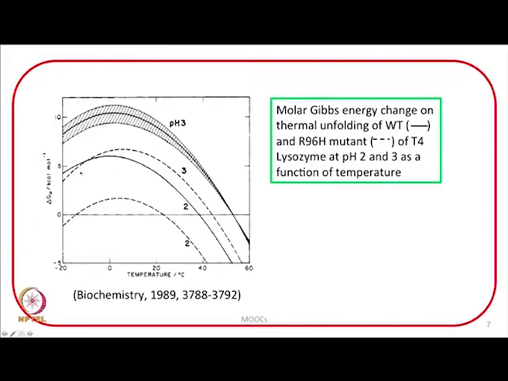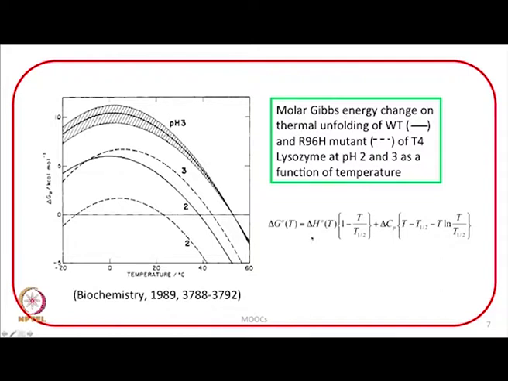This delta G naught versus temperature curve you see has been generated from minus 20 degrees Celsius to 60 degrees Celsius by using this equation.